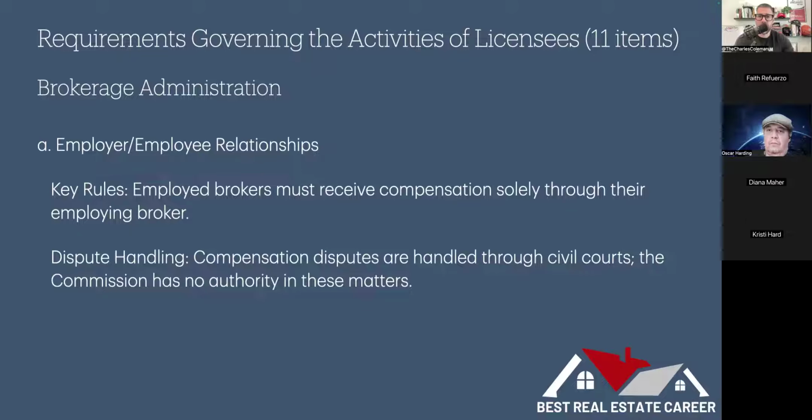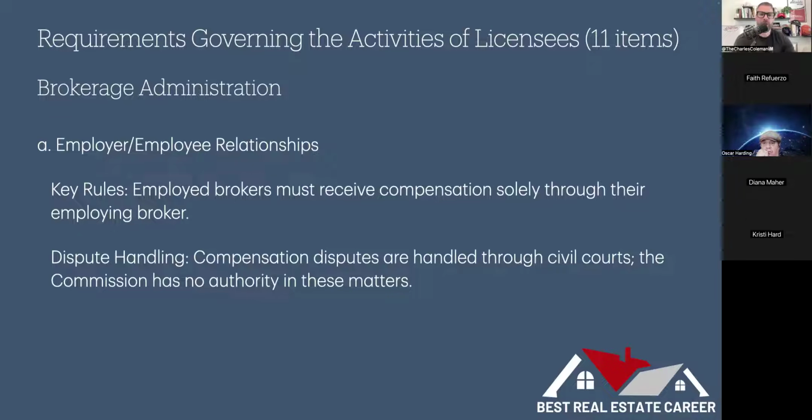So on paper, it's the brokerage's client. I know you are the brand. This could be your best friend from high school, this could be your significant other, this could be you buying a house, selling a house. Yet the way that the law is written in Colorado, it's the brokerage's client. So all monies, all compensation have to go through the brokerage.